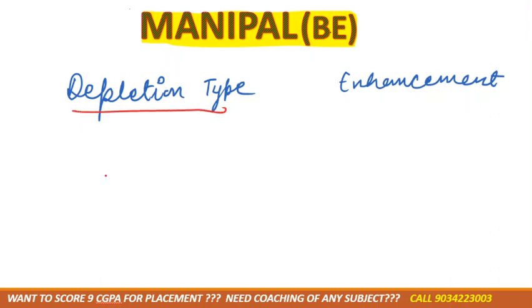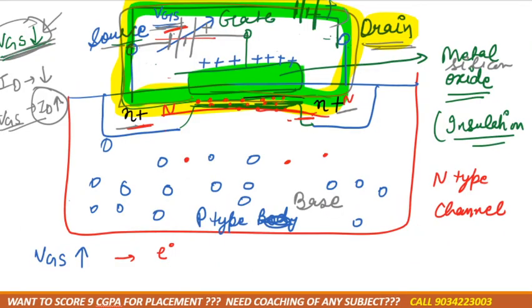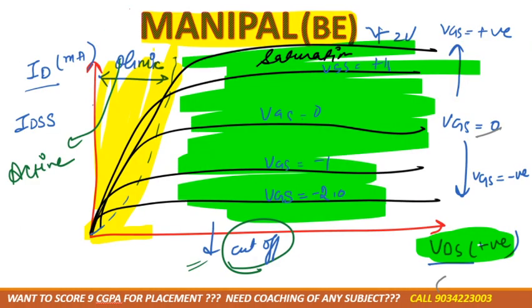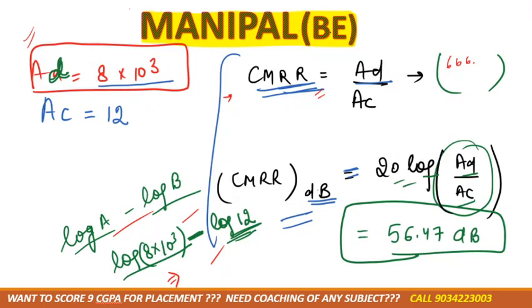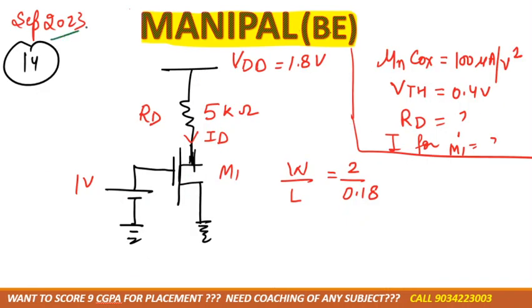Depletion type and enhancement type, you don't need to go further. You only need to study this. Whenever they ask you about MOSFET construction, you have to write all these things whatever I told you. OK. I'll send you the written material about what to write and what not to write. Now let's move on. Now see, this is on MOSFET.